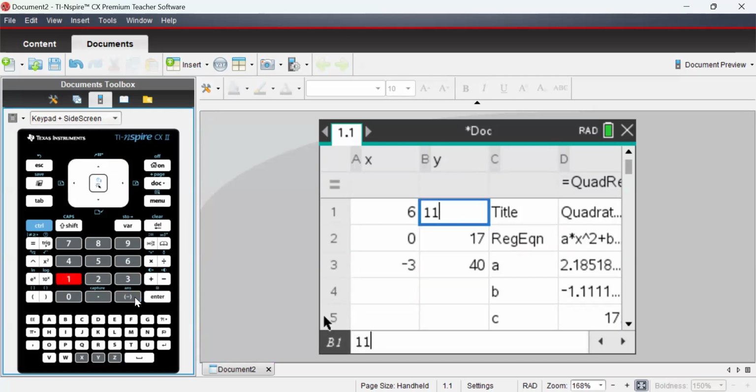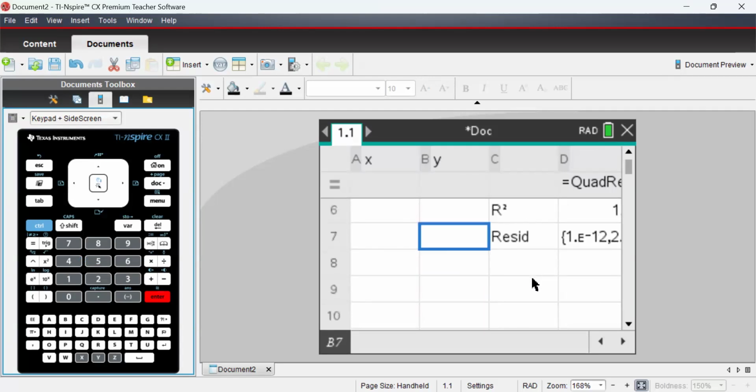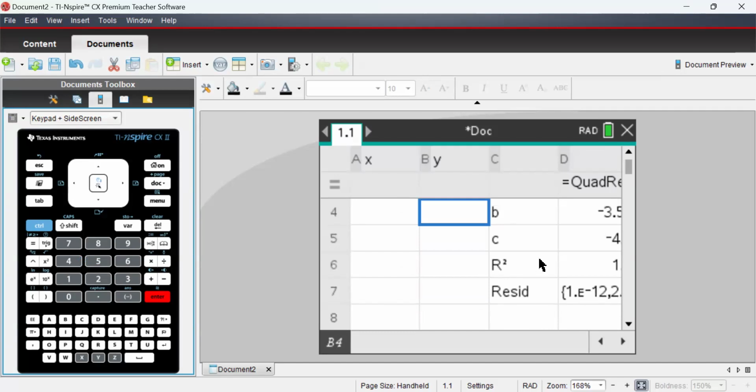So if you do make an error, you can just go in and adjust the number. So our A is 1, our B is -3.5, and our C is -4. And there are some other numbers down here that we're actually going to use in a little bit.